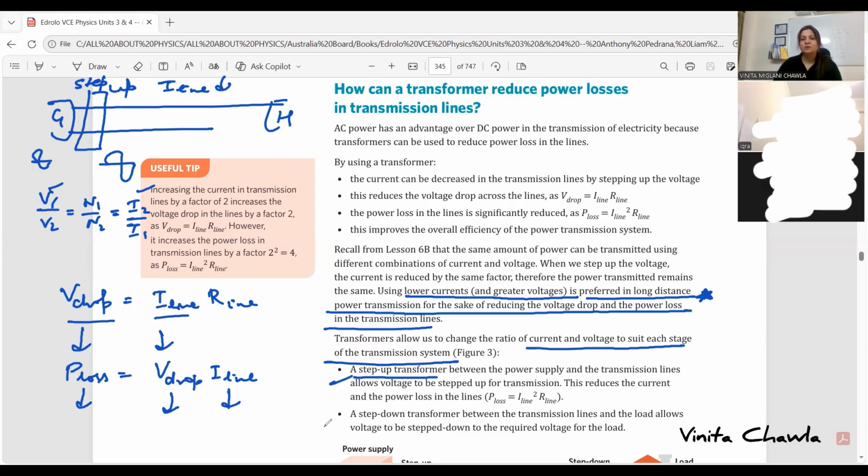And second, we use a step-down transformer between the transmission line and the load. This is the load, our home. And between these two, the transformer that we use is step-down. Clear?